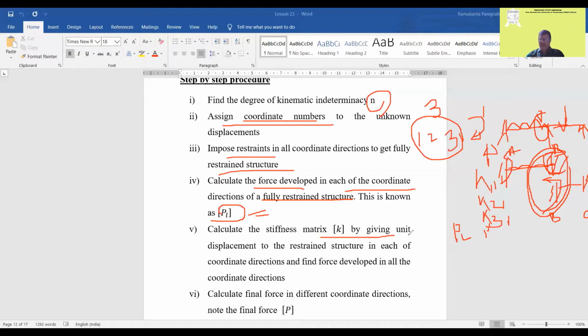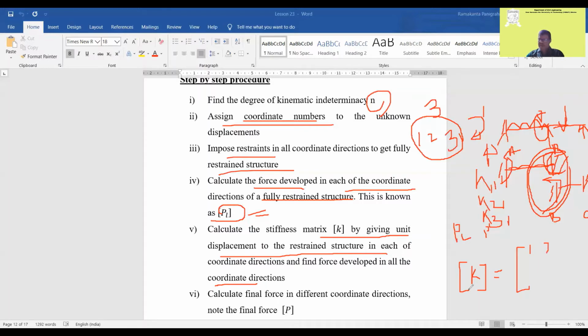Now by giving the unit displacement, you know how to find out the K matrix. So that means you have three coordinates, you have to make a 3 by 3 matrix. So give a unit displacement at coordinate 1, find out K11, K21, K31.